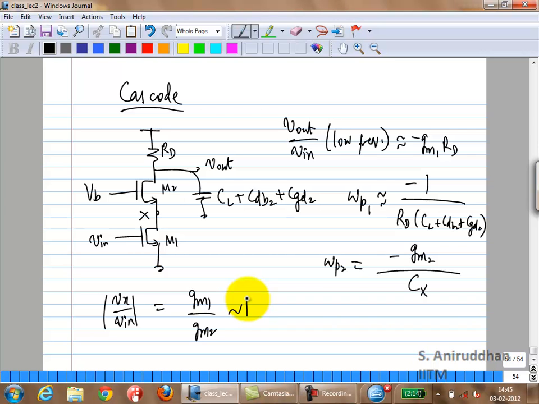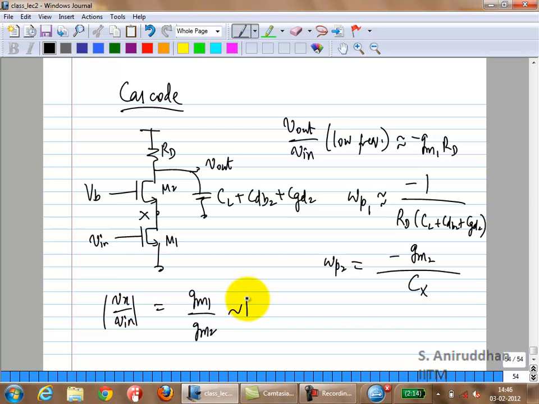Now what is the Miller capacitance at the input? It's just 2. Let's say to compare with this, you built another normal common source with the same gain. Then you will have a very large Miller capacitance, because the output node would be directly at the drain of M1, so you would have a very large Miller capacitance.